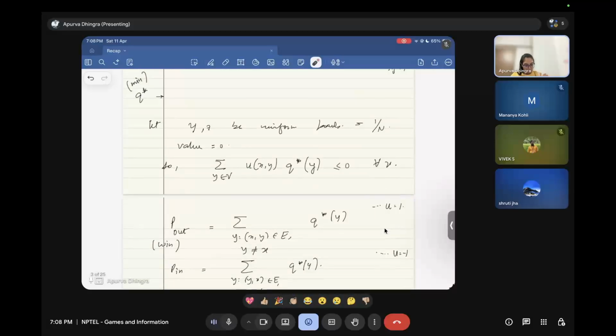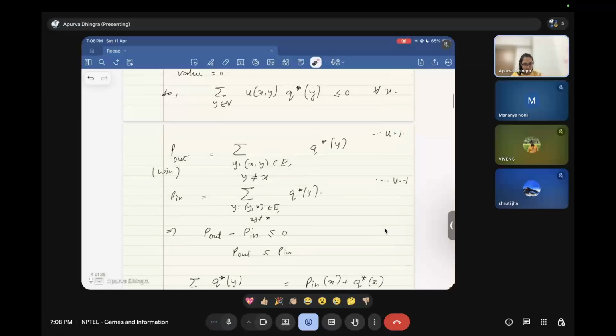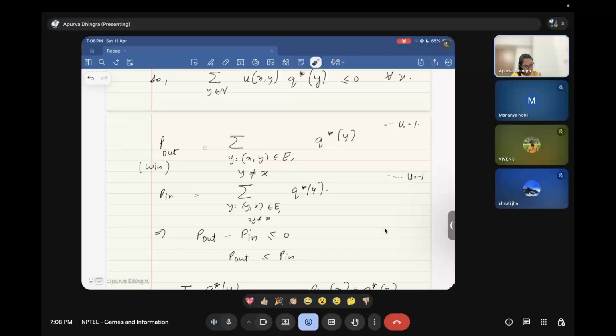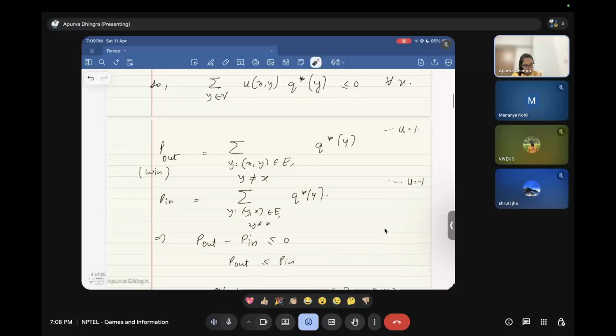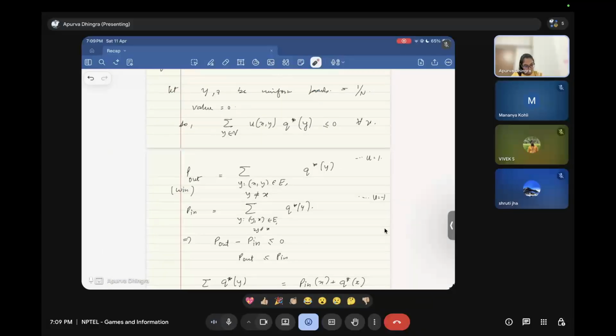Okay, so now there are these things that were defined in the explanation of the answer. One of the scenarios is the case where the utility is 1. The utility is 1 when x and y have an edge between them. That case is the sum of all of these things.